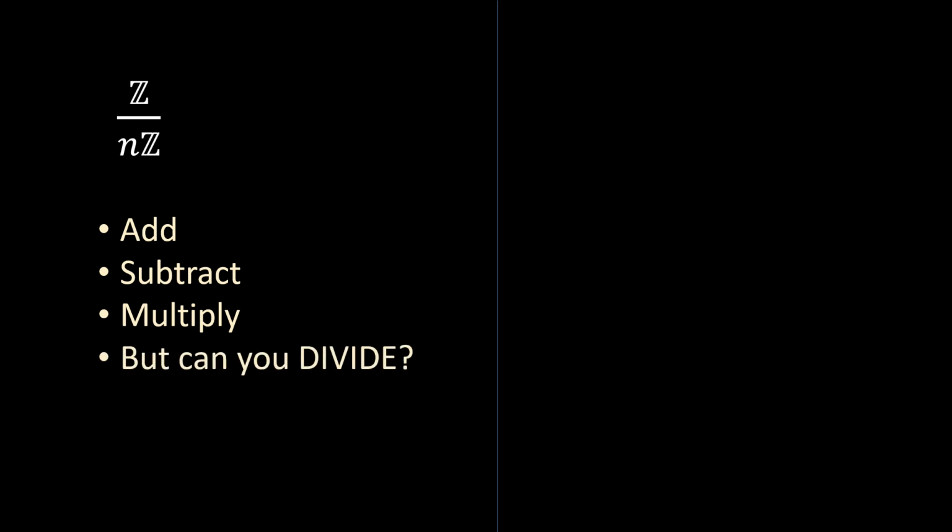Now, in this cyclic group Z mod nZ, you can add, subtract, multiply, but can you divide? Let's consider the case when n is equal to 12. You can also write 12 as 3 into 4. Now, suppose you could divide every number with every other number in Z mod 12Z.